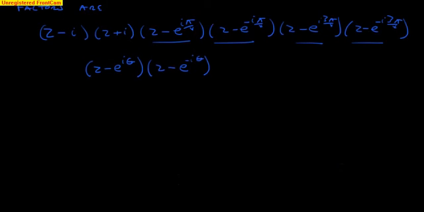So I'll just do this multiplying out. What you get when you multiply these out is, maybe we should do it in a different colour, this is like a little aside. This equals z squared minus z e to the i theta minus z e to the negative i theta plus e to the 0.